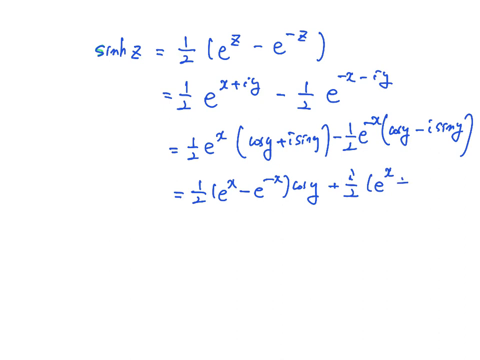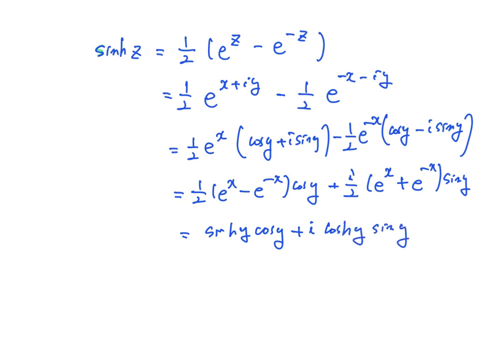So plus exponential minus x sine y. So this is sine hyperbolic x cosine y. Oops, sorry about that. Sine hyperbolic x cosine y plus I cosine hyperbolic x sine y.